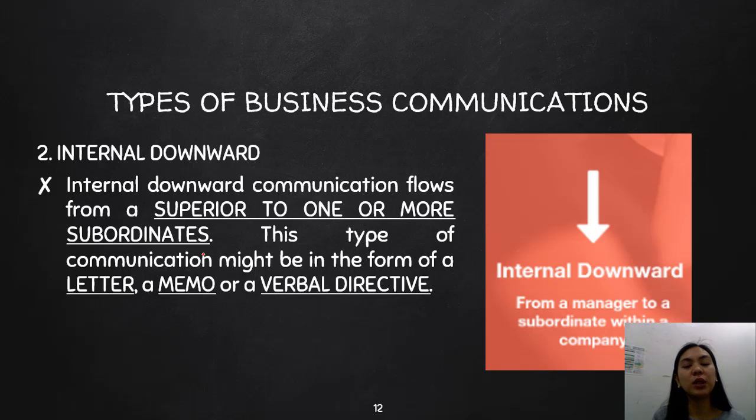Usually, this type of communication might be in the form of a letter, a memo, or a verbal directive. So, kunyari, our Dean sends me a communication letter. That means it is a type of internal downward communication because it is from a higher-ranking official to a subordinate.